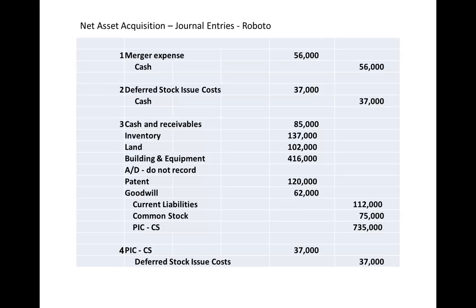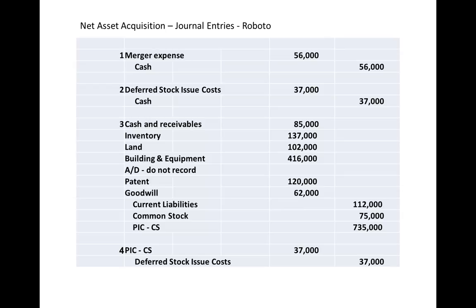The next thing we see is journal entry 3, where Roboto is recording all of the assets that they received. And they're recording them at the fair value. Again, remember, we discussed earlier, at what value does someone buy something? The fair value. They bought cash, inventory, land, building and equipment. And notice I did not record accumulated depreciation.